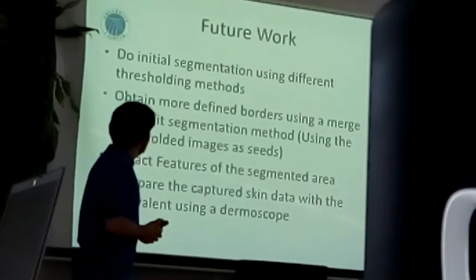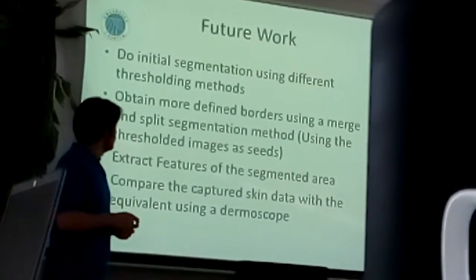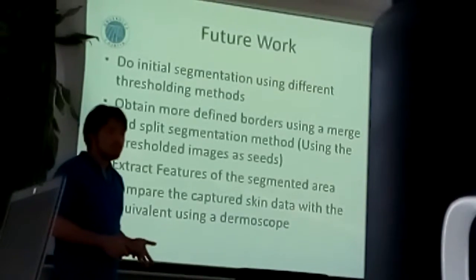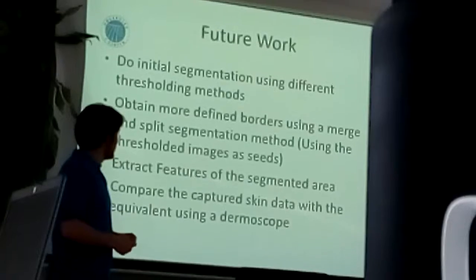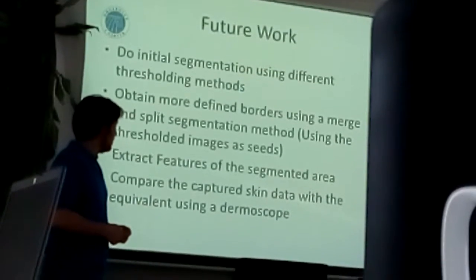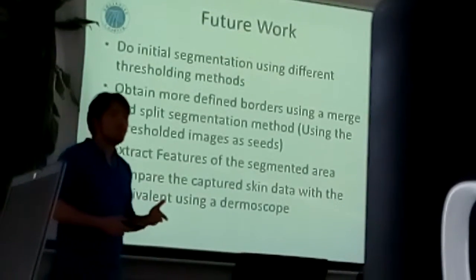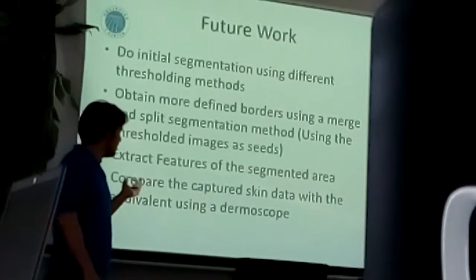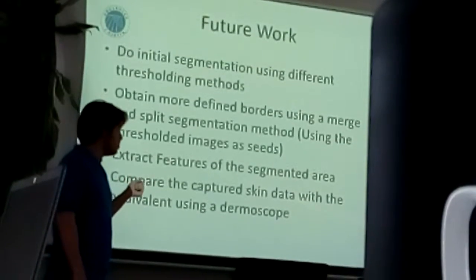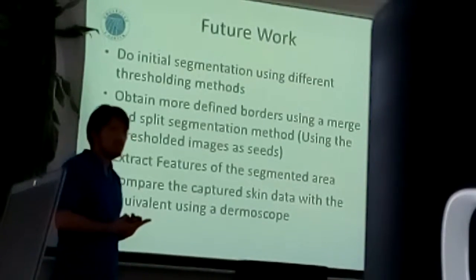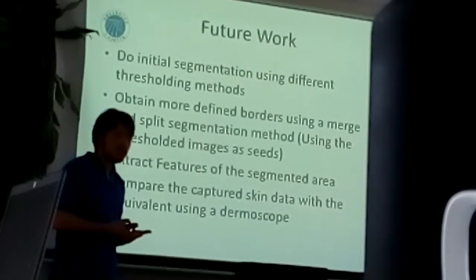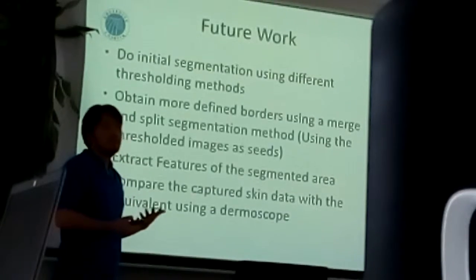So, the future work is to use segmentation with different thresholding methods, using immersion assisted segmentation, and maybe in the future use this to actually extract the features of the segmented area, because the potential of a hyperspectral camera is not only the segmentation.